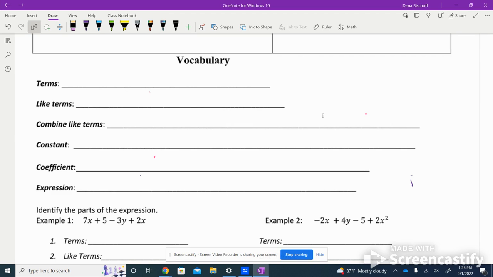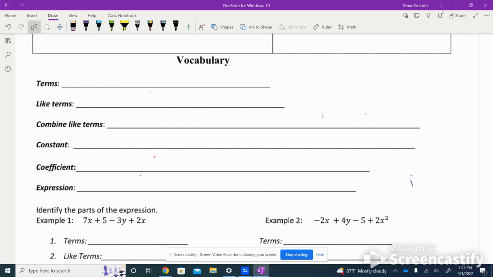So when I talk about a term, it is any number. It can be any variable, and it can be a number with a variable.